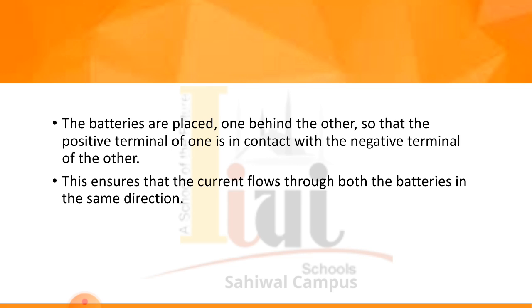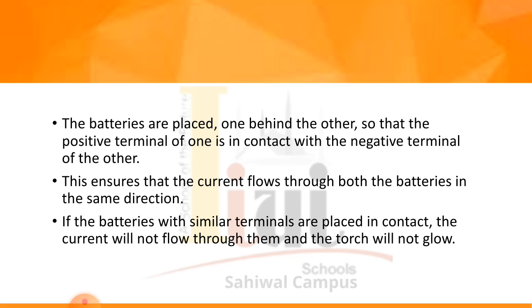If the batteries are connected with the same terminal sides together, this will not allow the current to flow, so we have placed them in a direction where the negative of one battery is connected to the positive terminal of the second battery. This allows a complete transfer of electric current through the batteries in the same direction. If the batteries with similar terminals are placed in contact, the current will not flow through them and the torch will not glow.